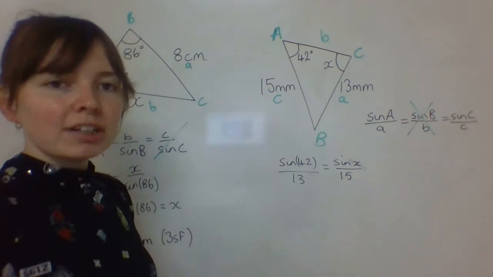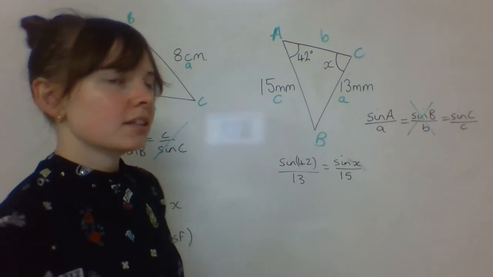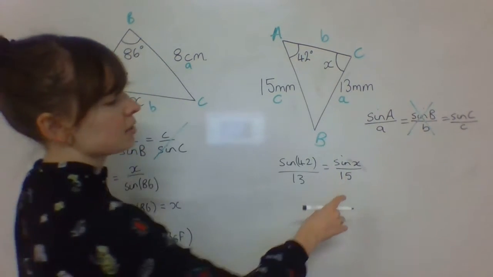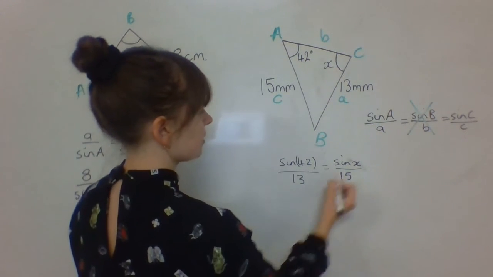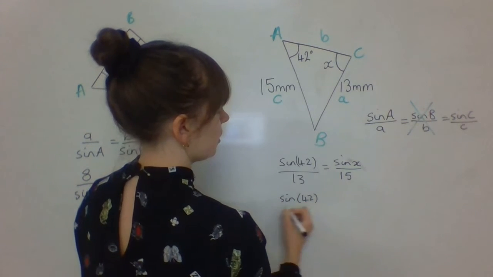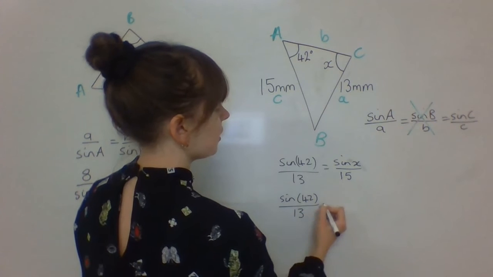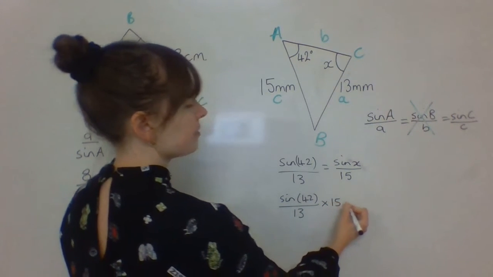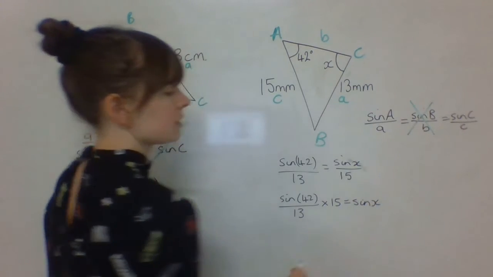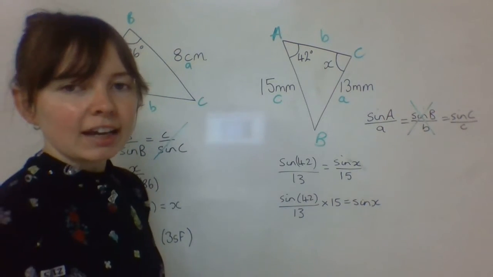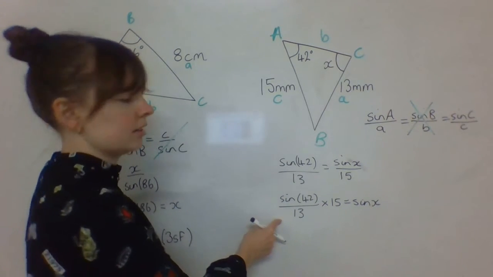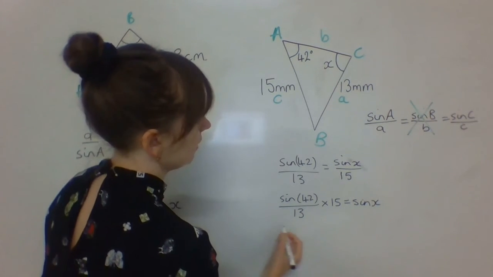And again, I want to rearrange to make x the subject. There's a few more steps this time. First of all, I'll make sine x the subject, so I'll multiply by 15. So that gives me sine 42 divided by 13 multiplied by 15 equals sine x. And then in order to find x, I need to take the inverse sine of my solution over here on the left.